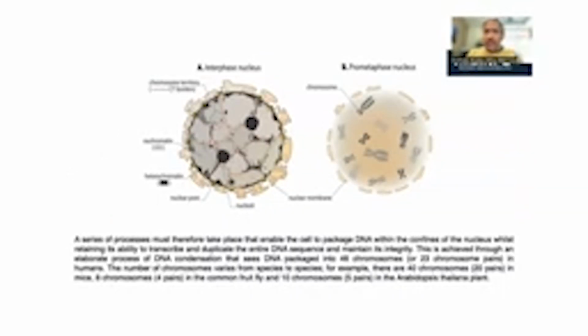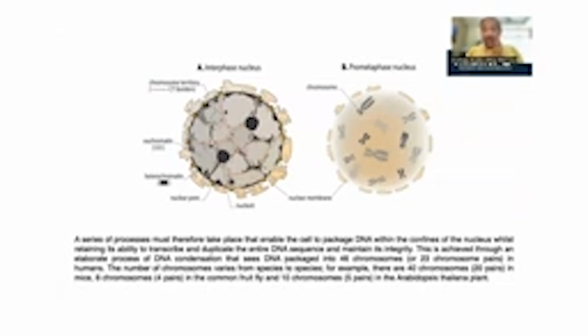We looked at this earlier where the cell has these distinct chromosome territories, and we know how this DNA is then, during the prometaphase stage of the cell cycle, wound up into very compact structures, which are chromosomes.